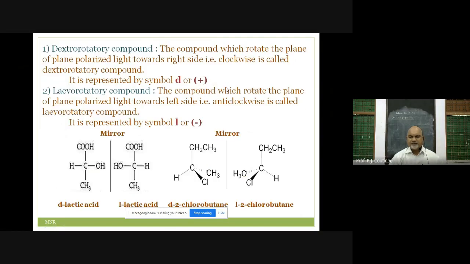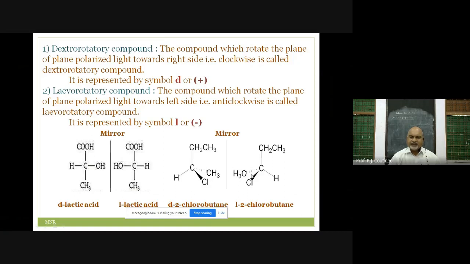If you go to the previous slide and concentrate on this, these are non-superimposable mirror images and they rotate by an angle, but in opposite directions. Dextro has a positive sign, so it rotates clockwise, so it will rotate in this direction.